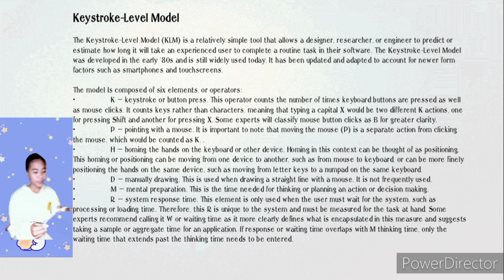P means pointing with a mouse. It is important to notice that moving the mouse, P, is a separate action from clicking the mouse, which would be counted as K. H: homing the hands on the keyboard or other device.